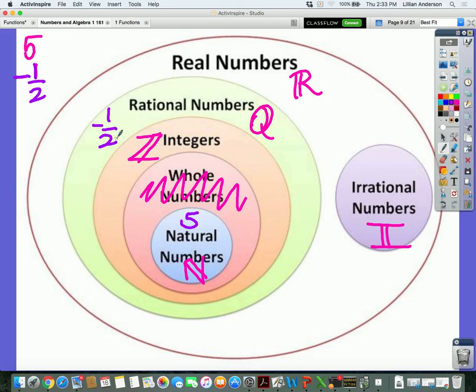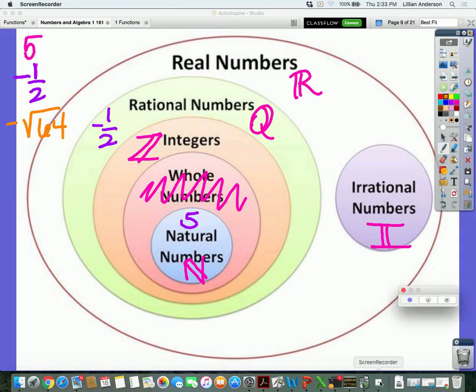Give you another one. This one's a little tricky. -√64. Where would I place it in my Venn diagram? What set does -√64 belong to? It's 8, so this actually equals -8. Is it a positive number?